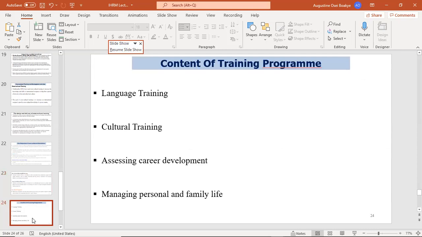Now, the content of a training program. Usually, training of international assignees, or training manuals designed for the workforce of multinational enterprises, generally have these as part and parcel of the components. The first one has to do with language training.